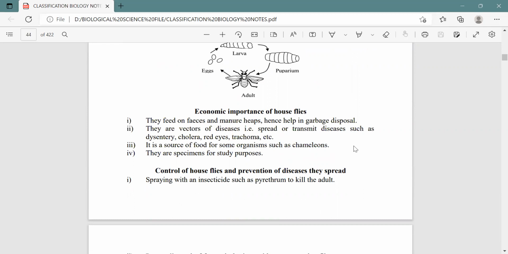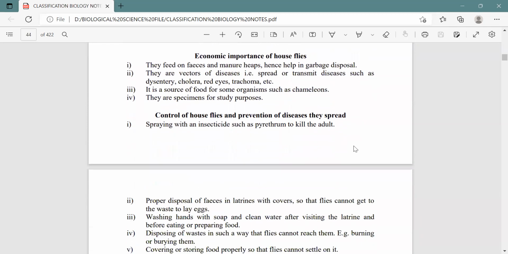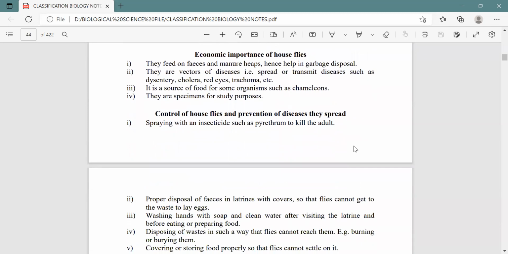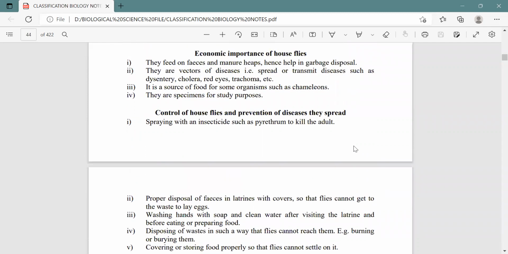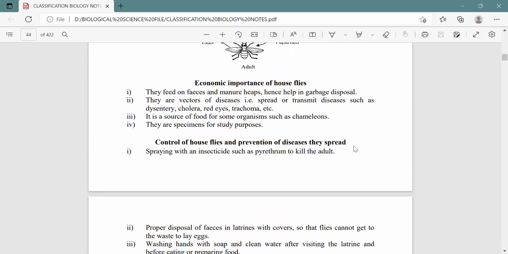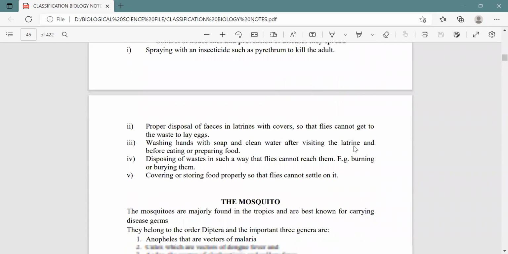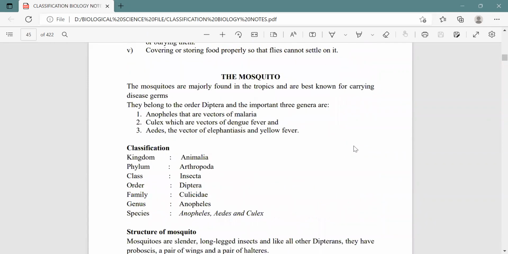You have them there. And how houseflies can be controlled to mitigate the spread of diseases. Diseases like cholera, diseases like dysentery, and others spread by houseflies.